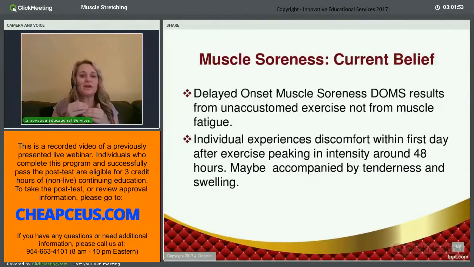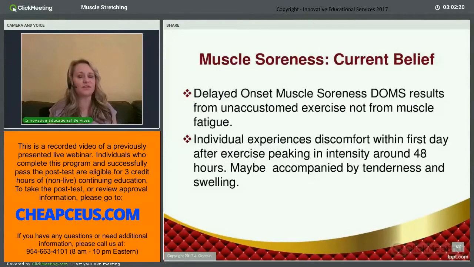Those chemical irritants are going to irritate the adjacent nerves, create a little swelling and micro-inflammation in that muscle, and that's the pain that's perceived. And it follows a cycle of climaxing at 48 hours and dissipating around our 96-hour mark because healing has occurred. The muscle has responded appropriately. So this is what's happening with delayed onset muscle soreness.